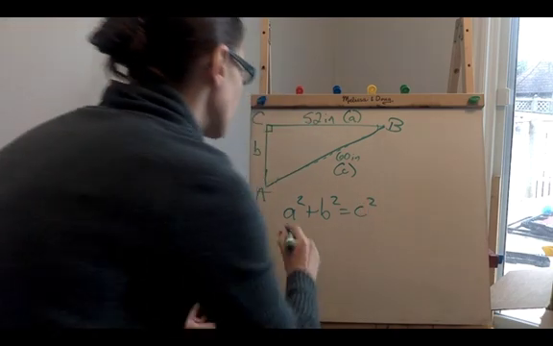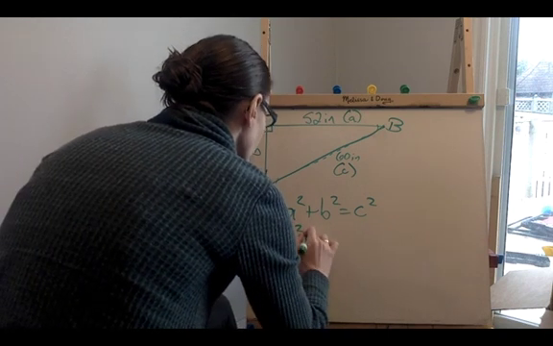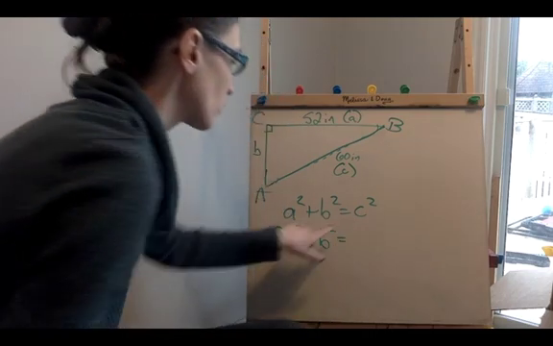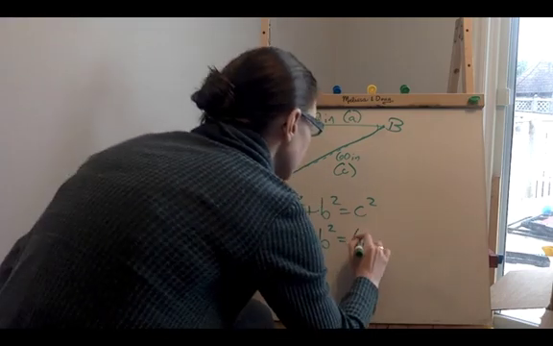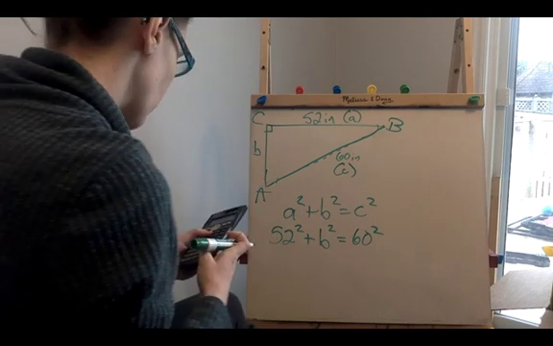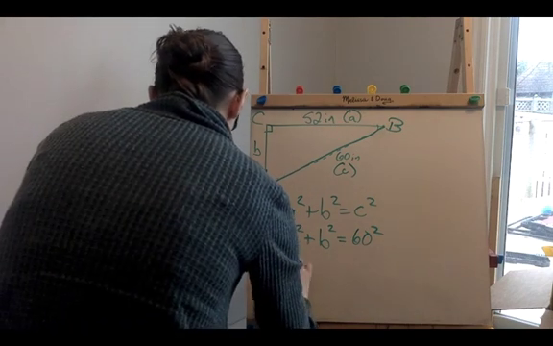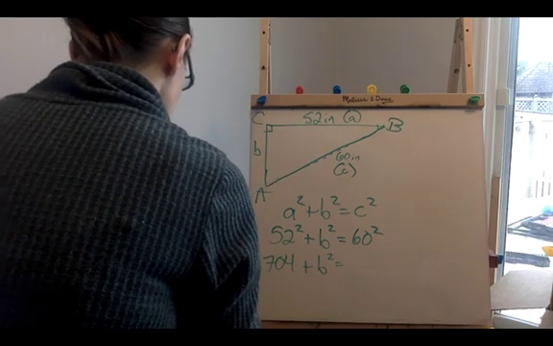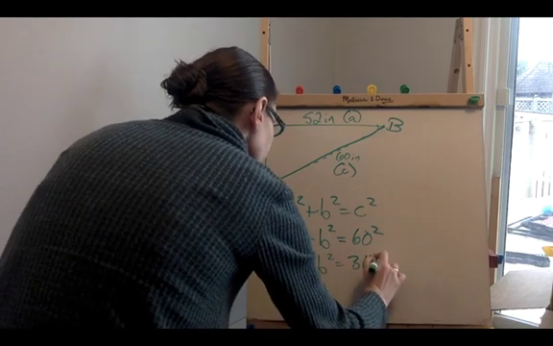Okay, fill in the values that we have. A was the 52, so 52 squared plus B squared, which we don't know and are trying to find, is equal to C squared. C was 60, so 60 squared. We can square all those values. 52 squared is 2,704, plus b squared is equal to 60 squared, 3,600.